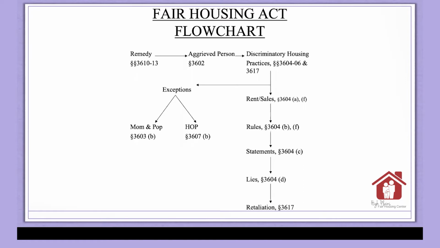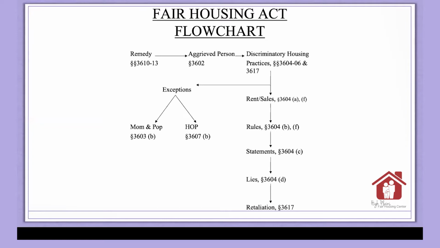And here's a flow chart that was put together and shared with me by a California lawyer named Christopher Brancart. And I'm going to show this here, and then we'll talk through it, and then we'll show it again later. So don't be thrown off. But it's intended to show that a remedy is provided to an aggrieved person under the Federal Fair Housing Act for discriminatory housing practices.